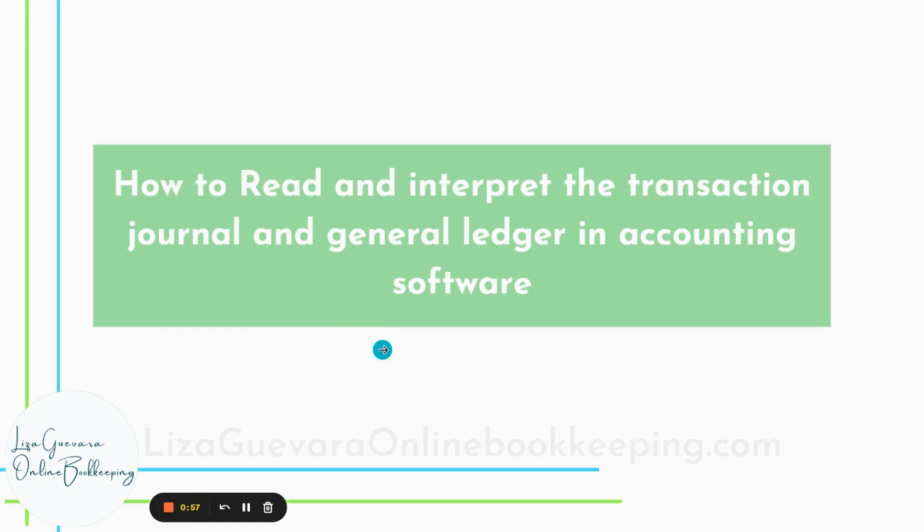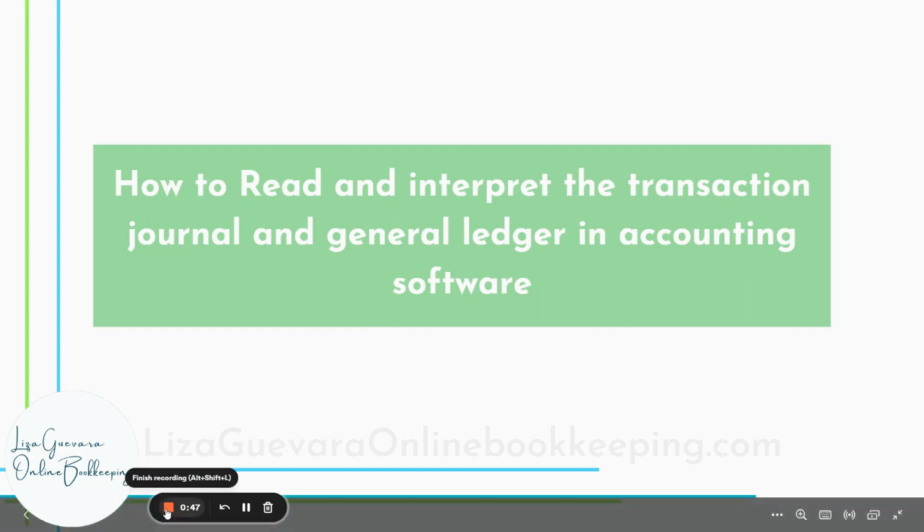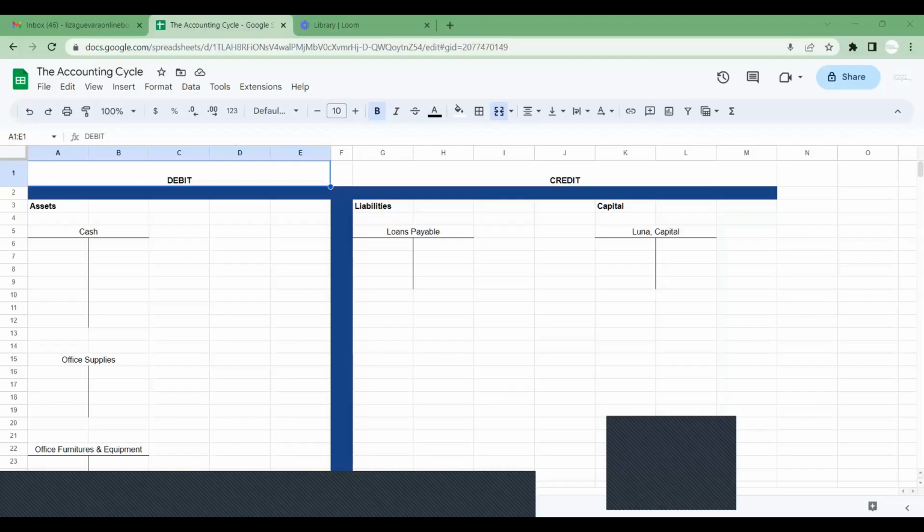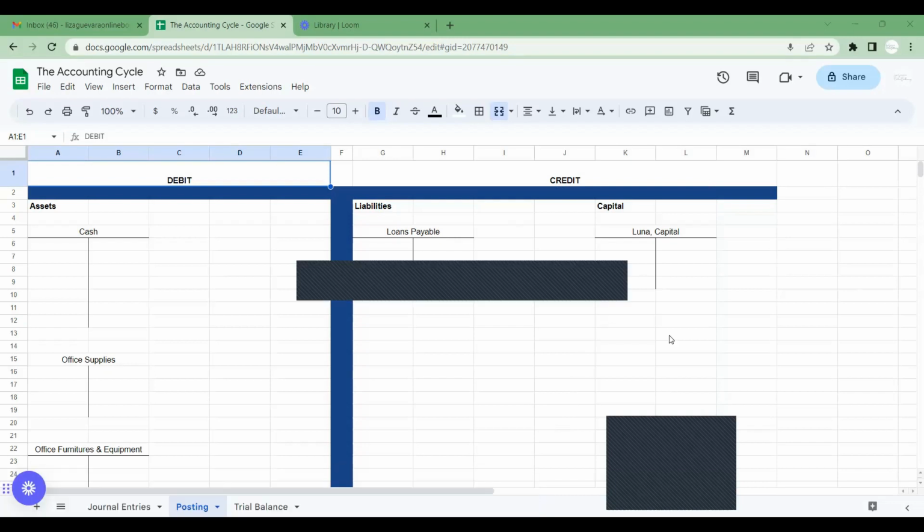I'm going to demo what the purpose of the T account is in the double entry bookkeeping system. Okay, so let me hide these controls first.